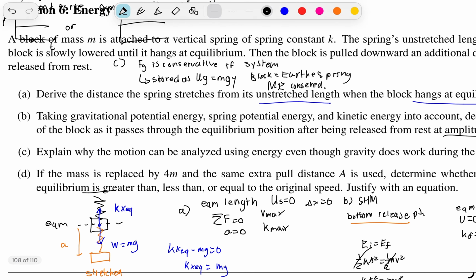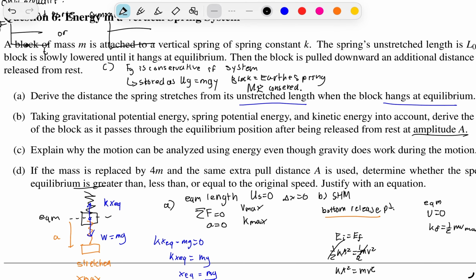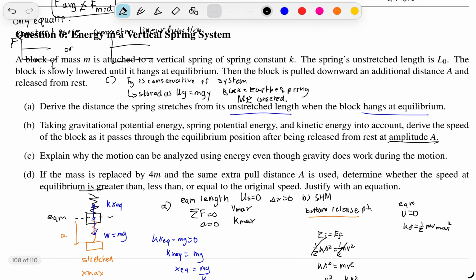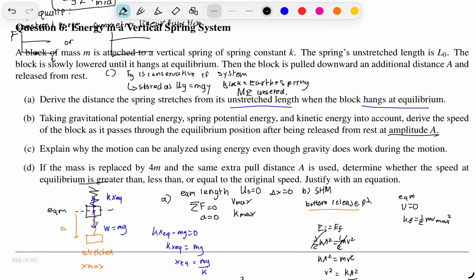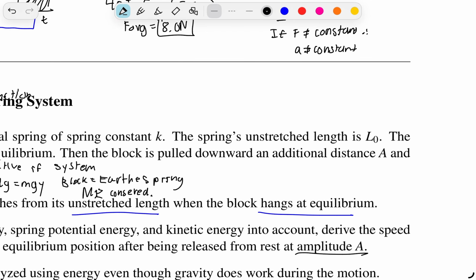Now we are asked, if the mass is replaced by 4m and the same extra pull distance, amplitude A, is used, determine whether the speed at equilibrium is greater than, less than, or equal to the original speed and justify with an equation. So originally we have that v is equal to A times the root of k over m. Now in your new scenario, you have just 4m. You have v prime is equal to amplitude times the root of k divided by 4m. You can take that 4 out, and you get 1/2 times the exact same equation you had earlier, root of k over m.